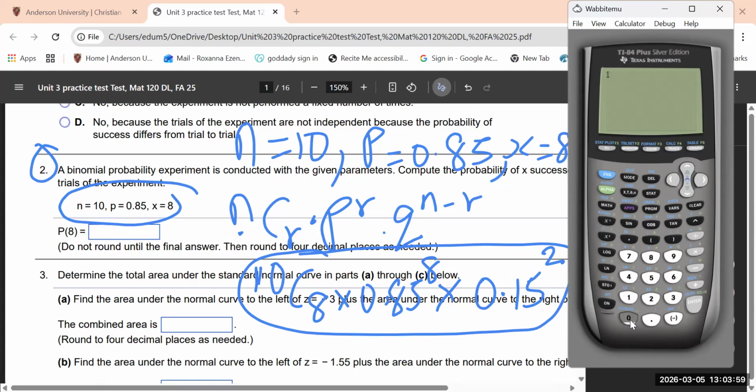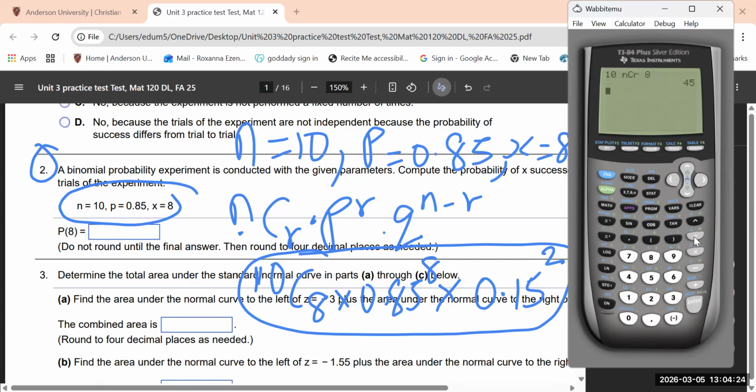Remember that combination is math, arrow to PRB, and combination is number 3. 10 combination 8, multiply, and I can just say answer, enter.